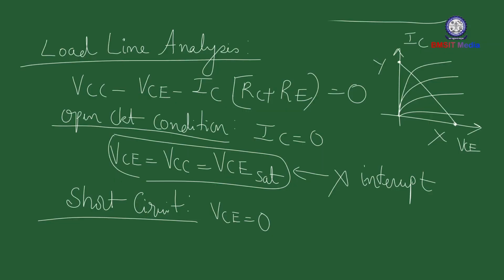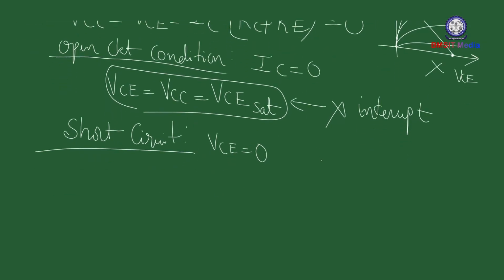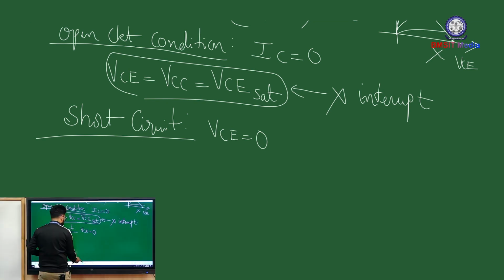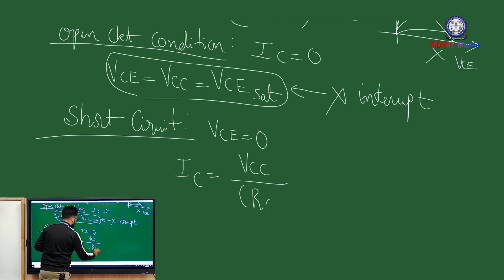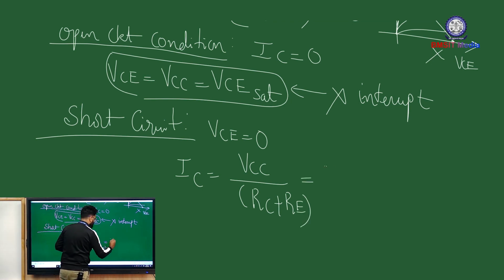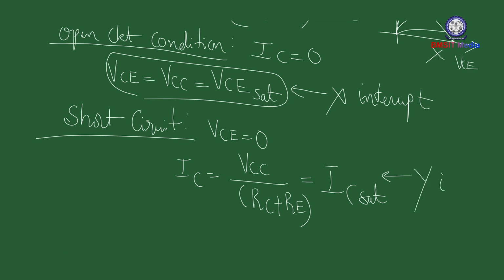So once you force VCE zero, you will get the maximum collector current value. So you get IC is equal to VCC divided by the sum of resistance RC plus RE. Since this collector current points at the maximum collector current value, we can say it is IC saturation. So this IC saturation will be the y-intercept.